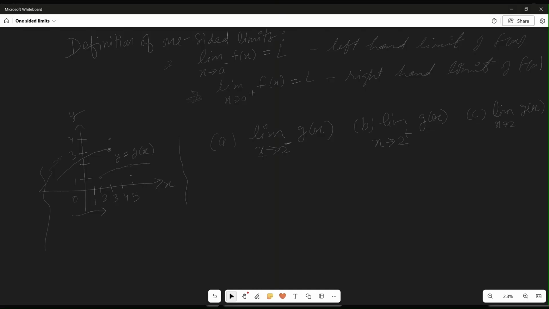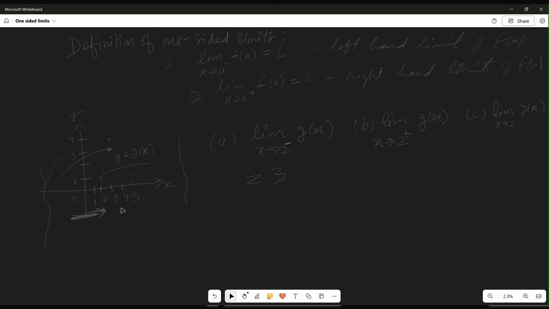Sorry, my graph is a little off, but you get the idea: as x approaches 2 from this side, the limit for this function is equal to 3.